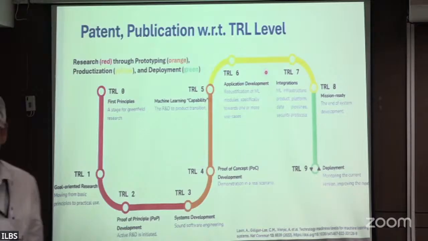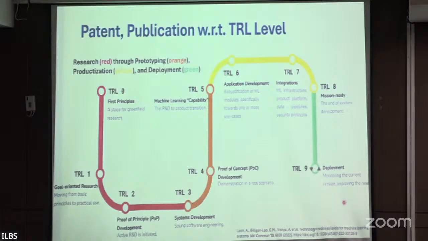Most of the research ends here. After 5 or 6, the application, before the deployment, we have the publication at 5. The machine learning capability is seen with good accuracy, we publish the paper and it is stopped.